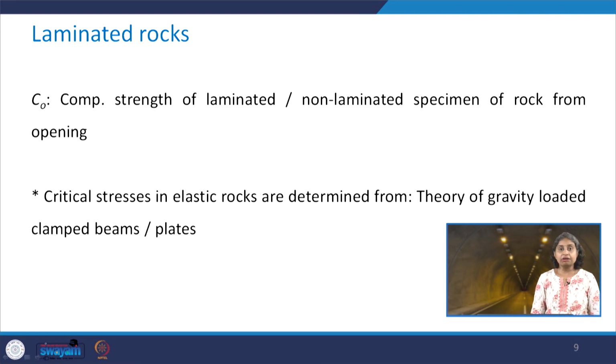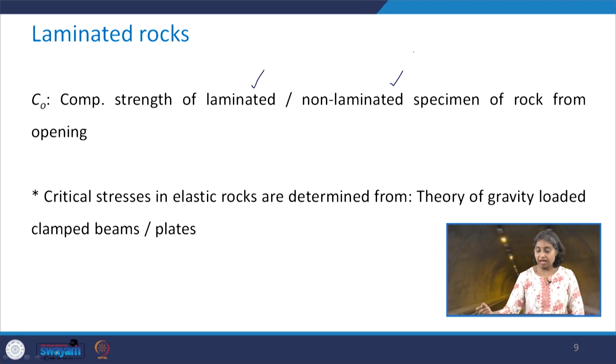Now, this C naught is the compressive strength of the laminated or non-laminated specimen of the rock from the opening.